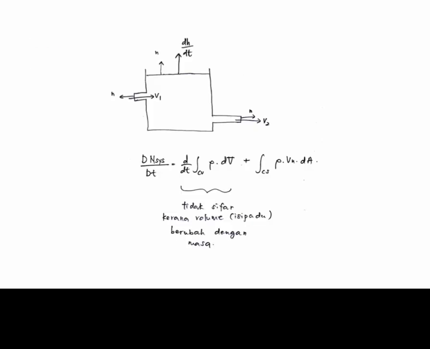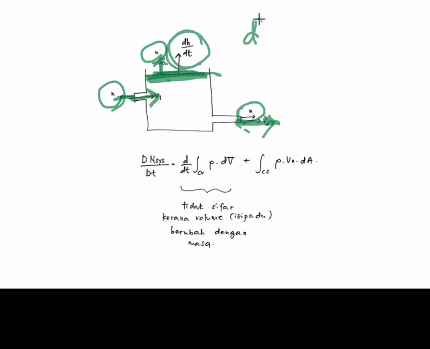So we draw the control volume. This is our control volume. We have the velocity here, and this is the n vector for the inlet. The velocity is to the right, and the n vector here is also to the right. Then we take the top surface, with the vector n outside the control volume, and we can write the velocity of the surface as dh dt, where h is the vertical height.